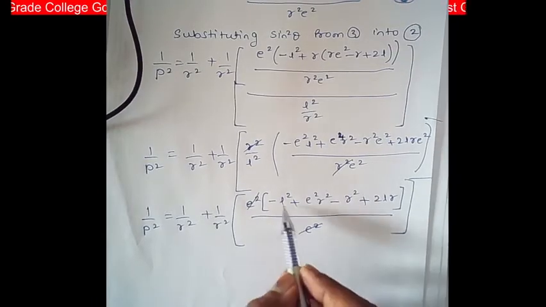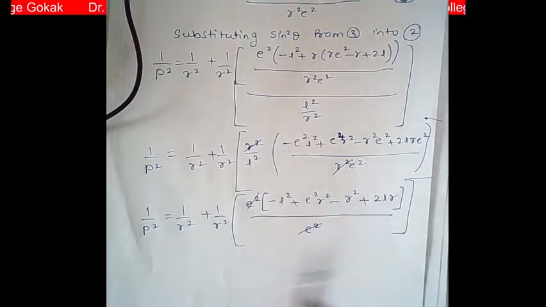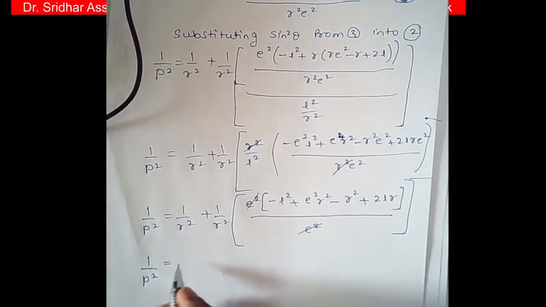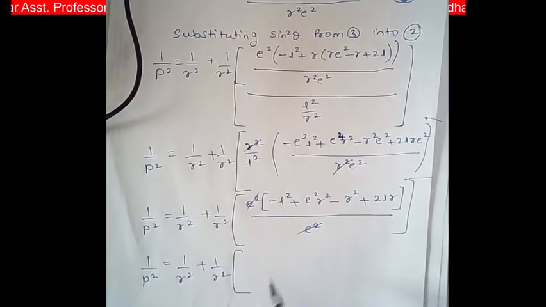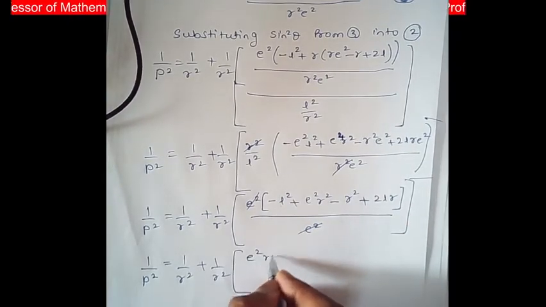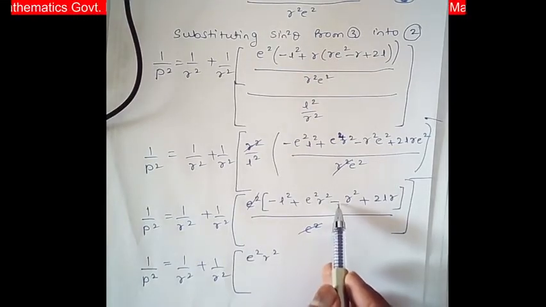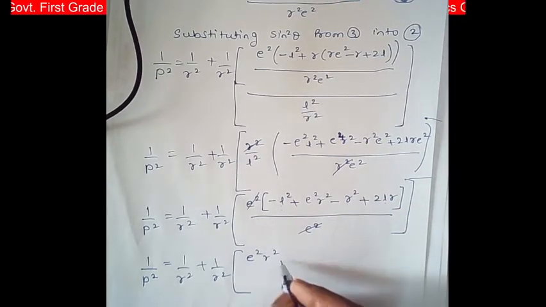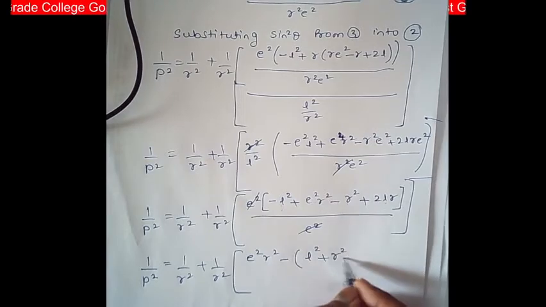So now from these terms, minus L square minus R square plus 2LR, take minus common. Again this can be simplified as 1 by P square is equal to 1 by R square plus 1 by R square into bracket. Taking first e square R square, then from the other terms I take minus common, leaving L square plus R square minus 2LR.